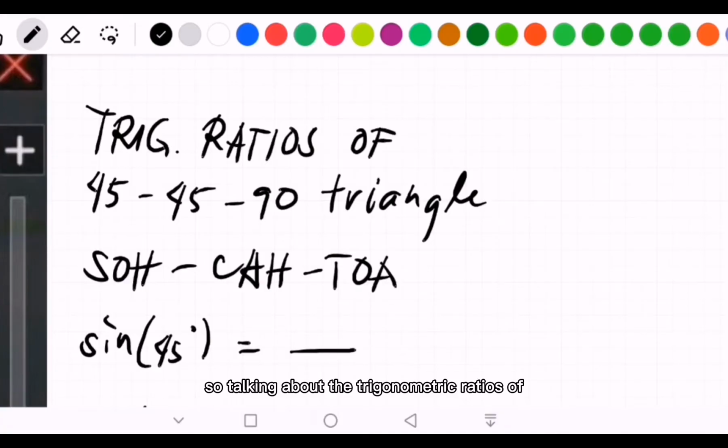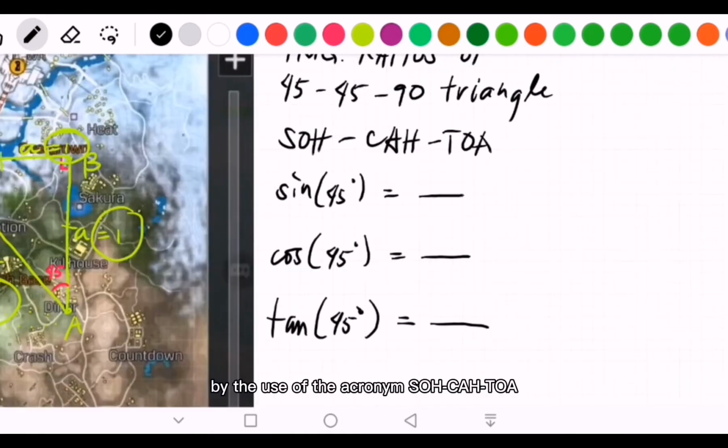Talking about the trigonometric ratios of the 45-45-90 triangle, by the use of the acronym SOHCAHTOA, we'll be able to identify the six trigonometric ratios for this special right triangle.